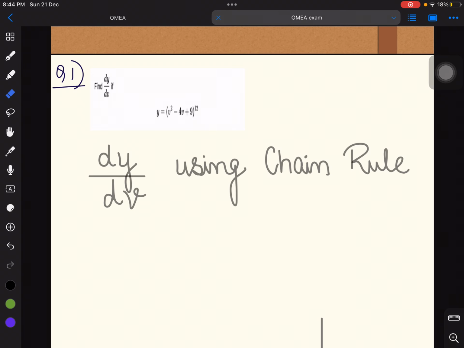Find dy by dv if y is equal to (v square minus 4v plus 9) raised to the power of 12. So we need to find the differentiation of dy by dv.